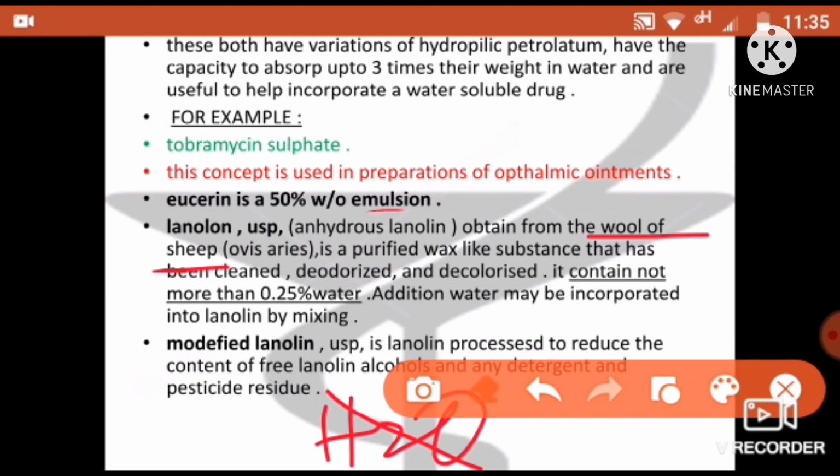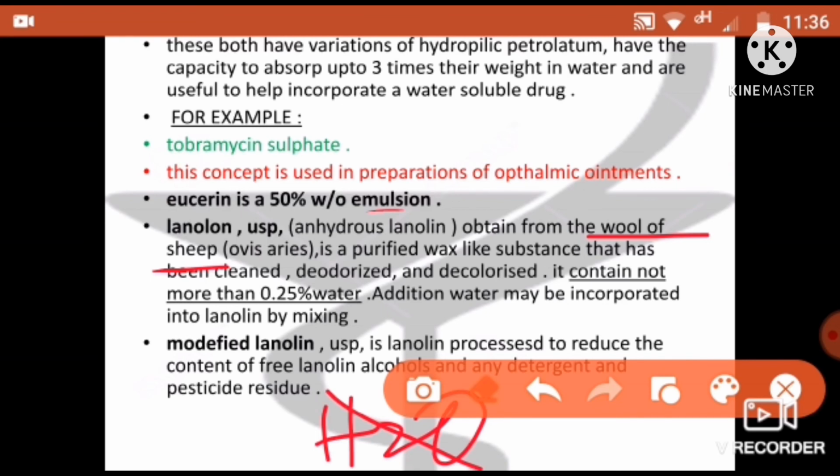It's a purified wax-like substance that has been cleaned, deodorized, and decolorized. Okay, after obtaining the lanolin from the sheep wool, we decolorize it, clean it, and deodorize it. It means there's no smell, there's no color, and it has been cleaned of any contamination, any harmful pathogen which may cause disease. It cannot contain more than 0.25% water.